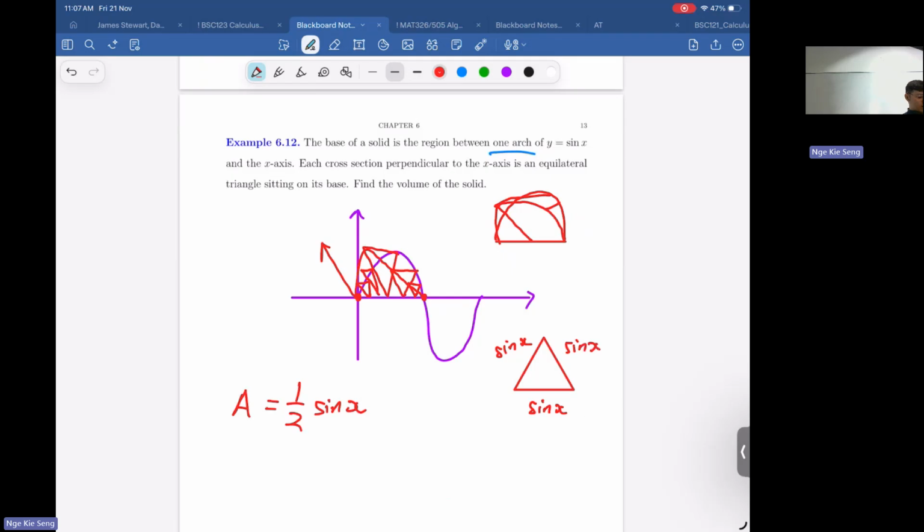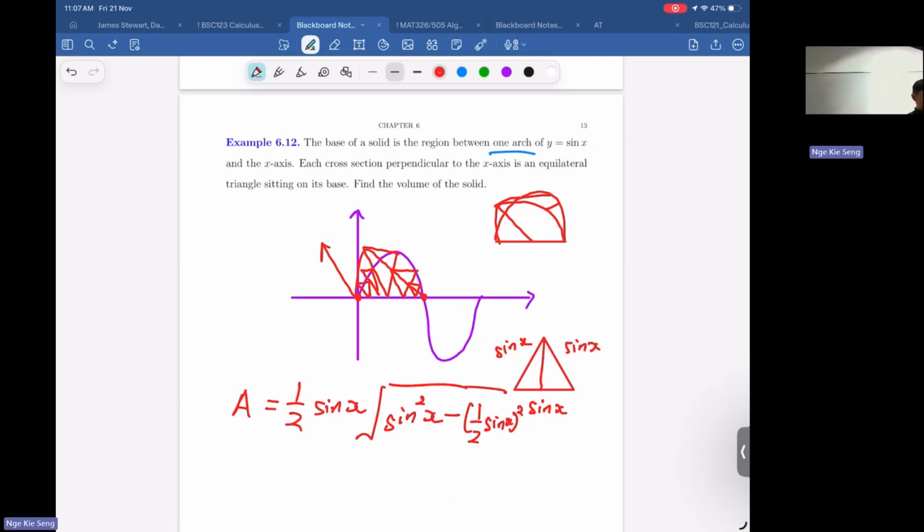Do you know how to find your height? Square root of sine squared x minus half of sine x, all squared. Okay, this is your area.